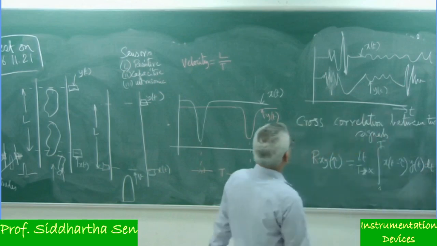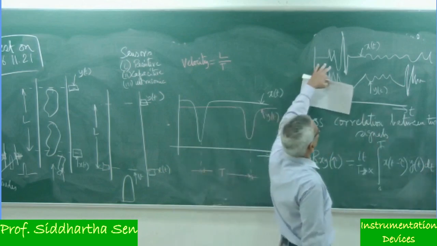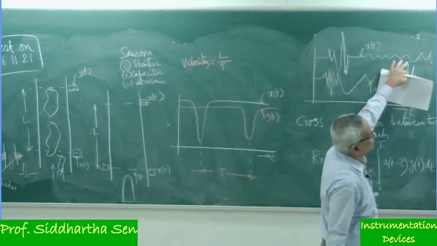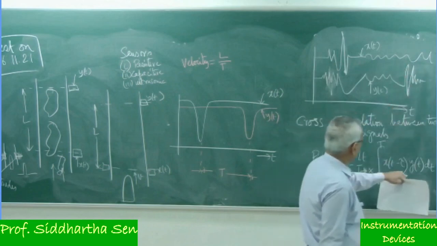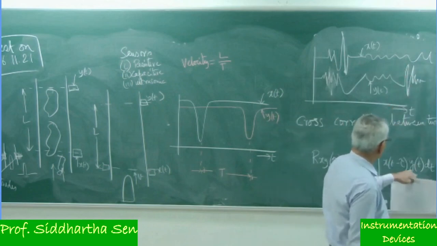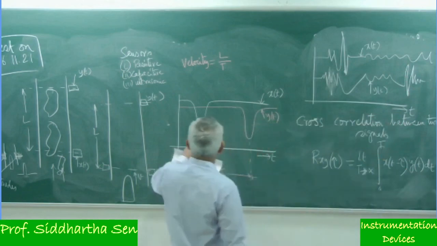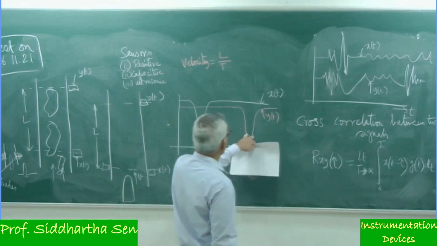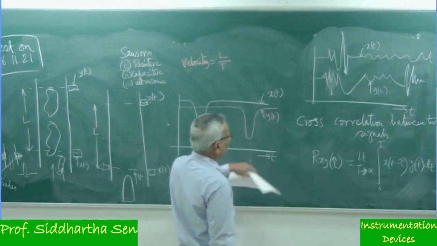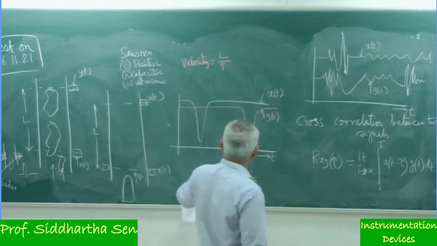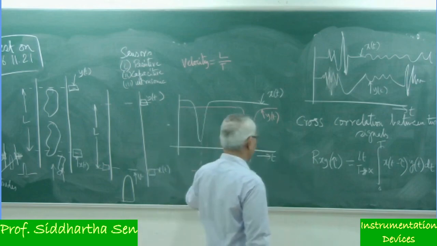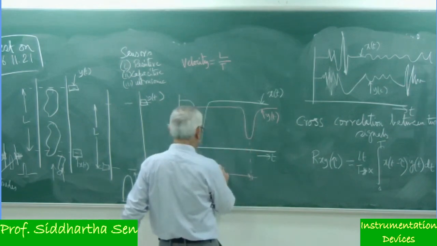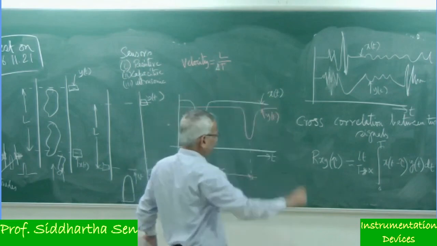What we are doing is that x(t minus tau) means I am shifting and delaying this x(t), and then multiplying it with y(t). You can easily see that once I shift it and reach here, the correlation, this multiplication, will be maximum whenever this shift matches.